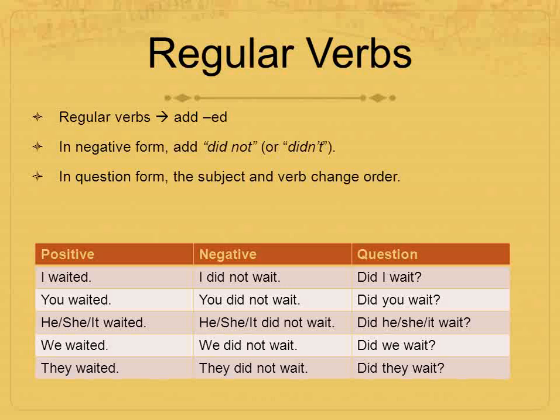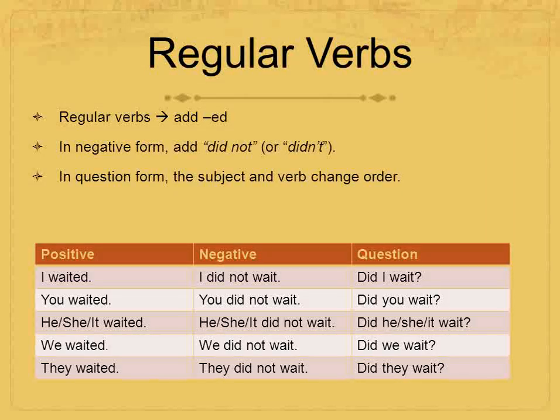Question, we're going to change the order of the verb and the subject. Okay, so in the other two sentences, you would see subject, verb. I waited, I did not wait. Here, we're going to put did first, and we're going to put the subject after. And this is a typical question form in English. Okay, did I wait? You'll notice also in question form, we have the verb did, and so wait does not take on an ed at the end.